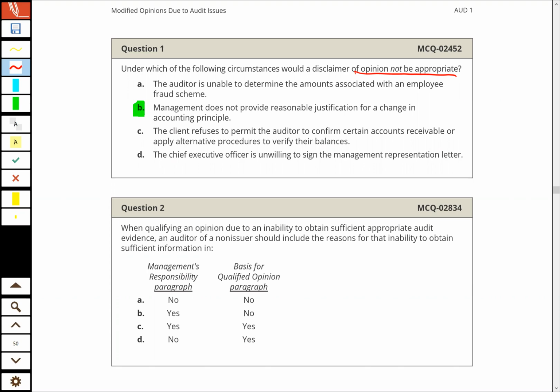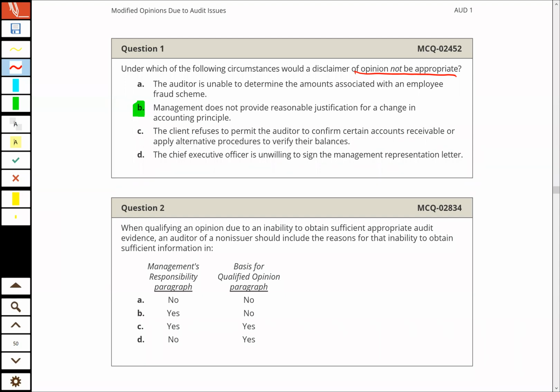We're on the GAP side of the chart because disclaimer is not down there. It's unmodified, unqualified, qualified, adverse. So they're saying there's a problem that is not an audit problem, it's an accounting problem. It's a GAAP problem.